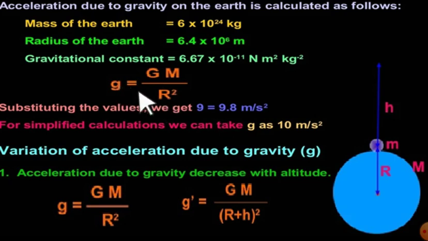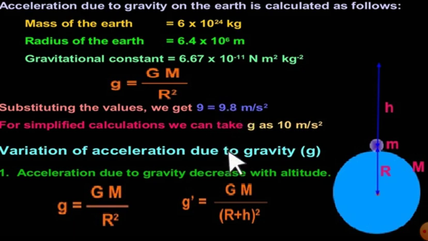And this is acceleration, so it will have the SI unit of acceleration, meter per second square, okay. For simplified calculation, we can take g as 9.8, meaning approximately 10. For the sake of simplicity, you can take g as 10. Okay, but in any calculation related to gravitation, if not stated, you should not take g as 10. Rather, you should take it as 9.8.